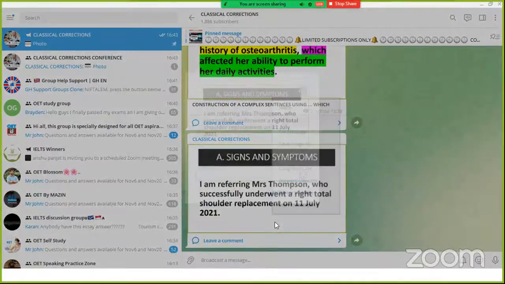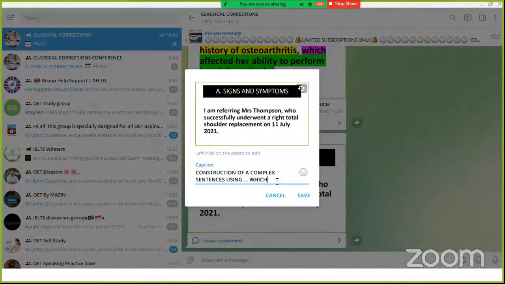So, construction of a complex sentence. Okay.